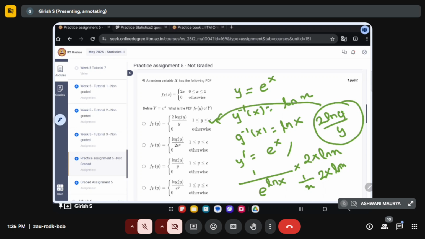Is it fine? How do we solve this? You simply have to use this formula: g dash of g inverse of x is f of g inverse of x, provided this g has to be monotonic in the support of x. Then you will be getting this.